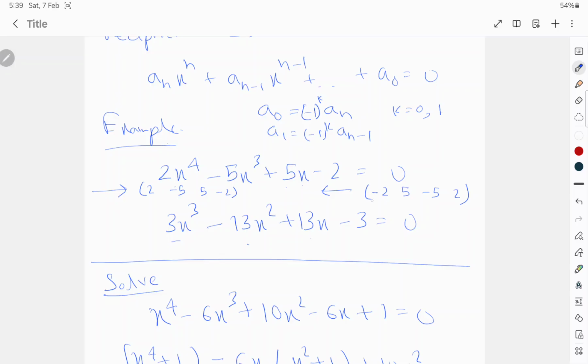If you multiply it with minus 1, you have the same thing. Minus 2 into minus 1 is 2, 5 into minus 1 is minus 5, minus 1 into minus 5 is 5, minus 1 into 2 is minus 2. So you are getting the same, and this type of equation is called reciprocal.